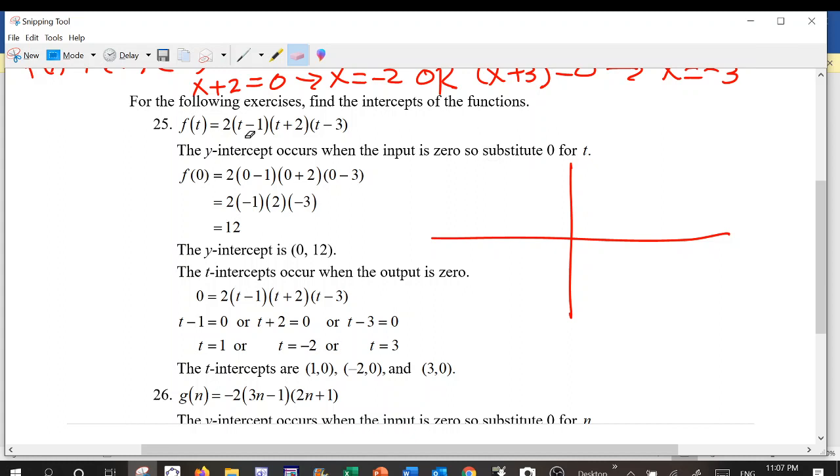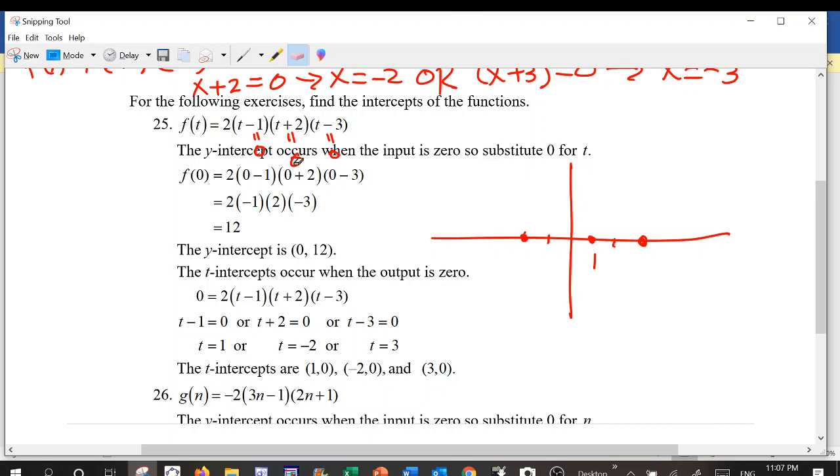So the x-intercept of this one would be, if you set that equal to 0, we get 1. Then this one, if you set equal to 0, we get -2. And this one, if you set equal to 0, we get 3. Those are the x-intercepts of this function.